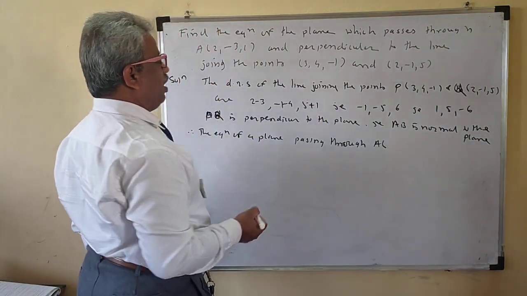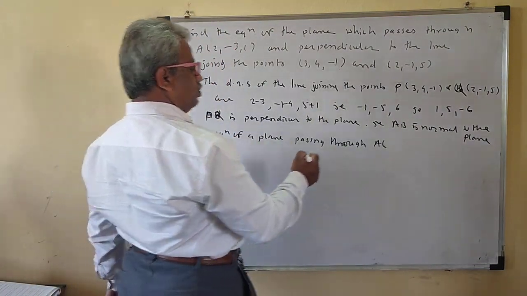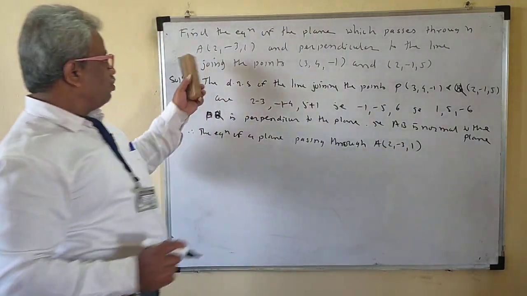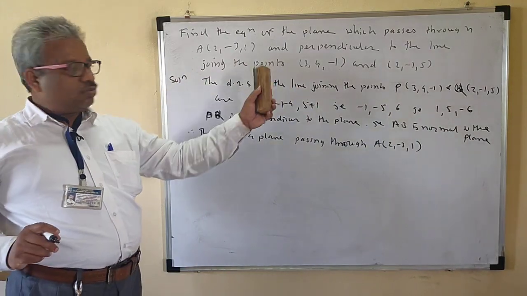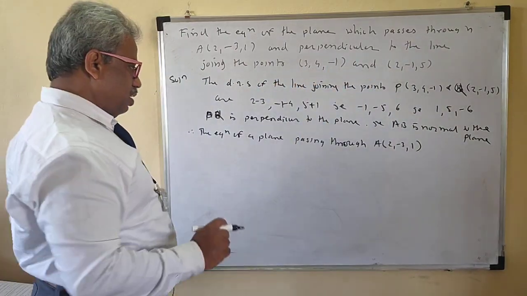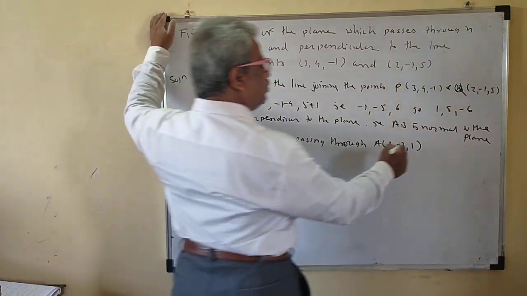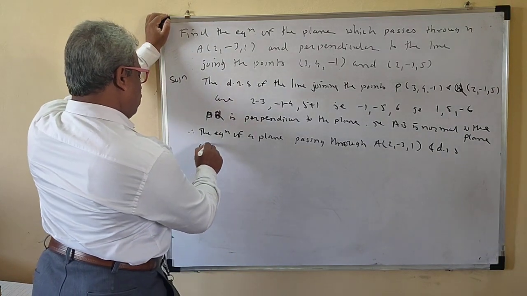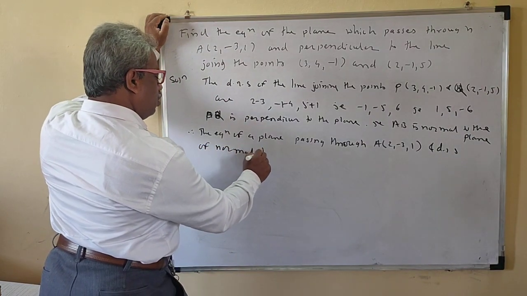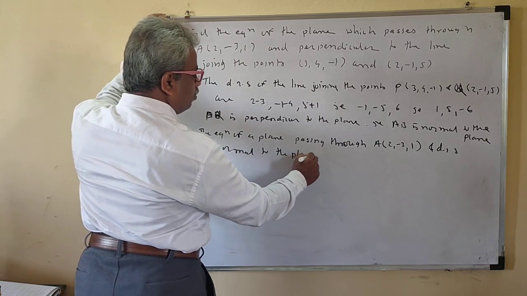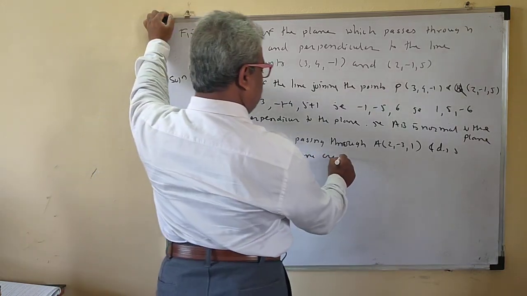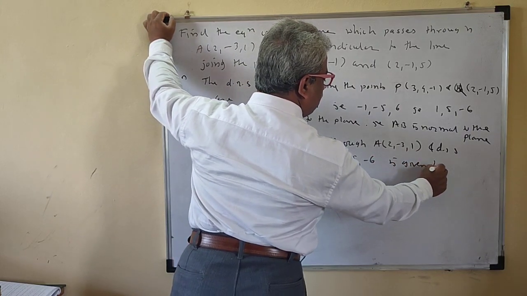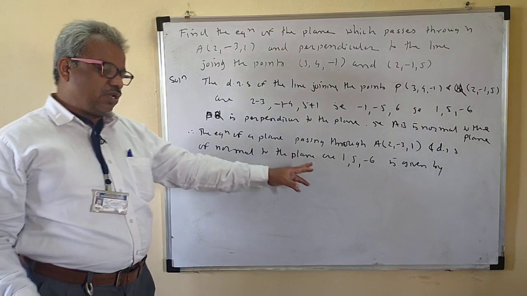The name A is already provided to you, so don't use A and B again here. So the plane passes through (2, -3, 1), and the DRs of the normal to the plane are 1, 5, minus 6.